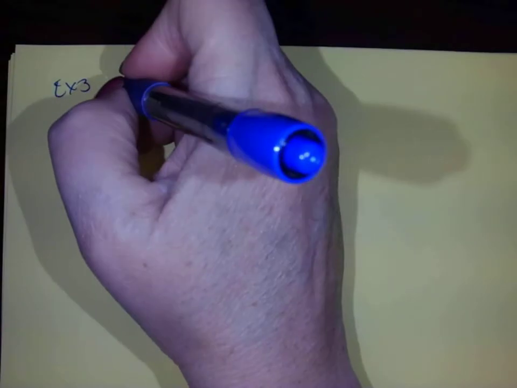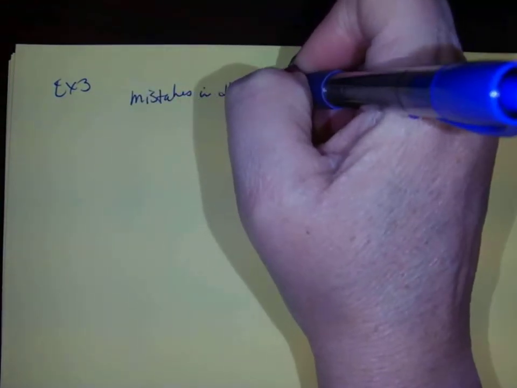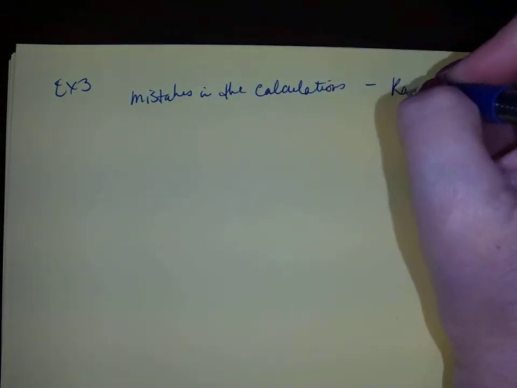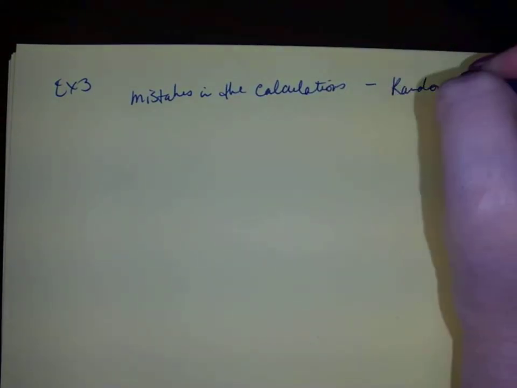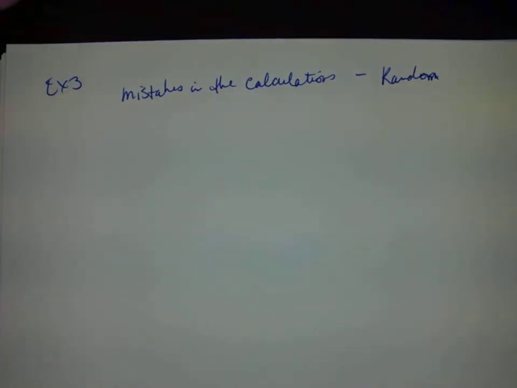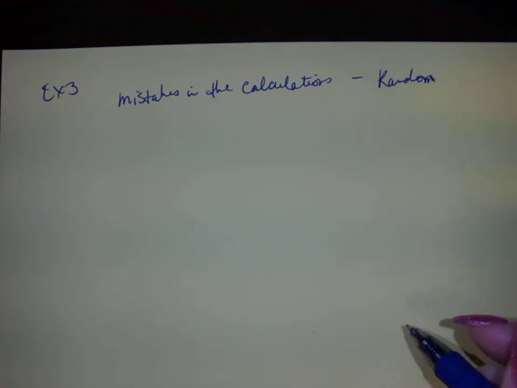Mistakes in the calculation, that's going to be random. Nowadays, we tend to use something like TurboTax or online services, but back in the day, we did everything just on paper. So you could have human error with the mistake in the calculation, right? We added it wrong or multiplied it wrong or whatever. That's going to be a random error.